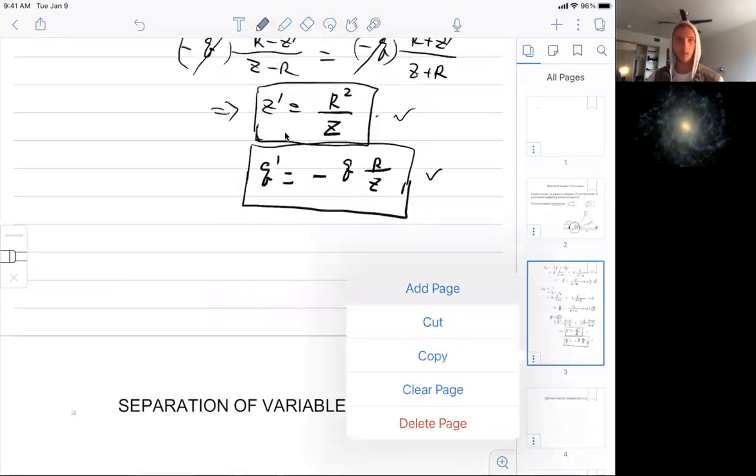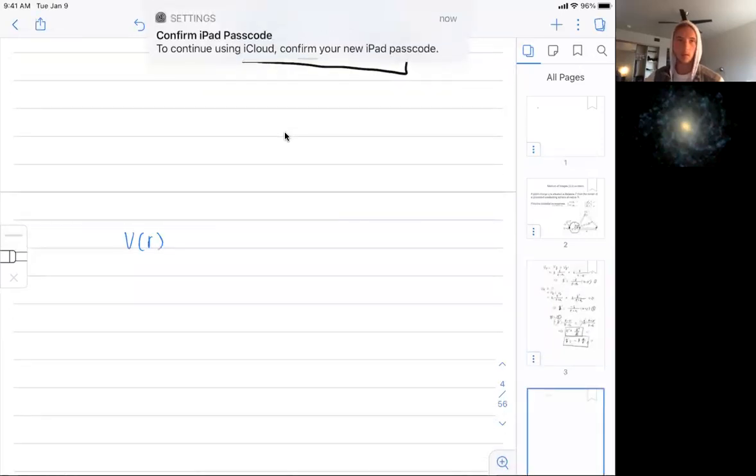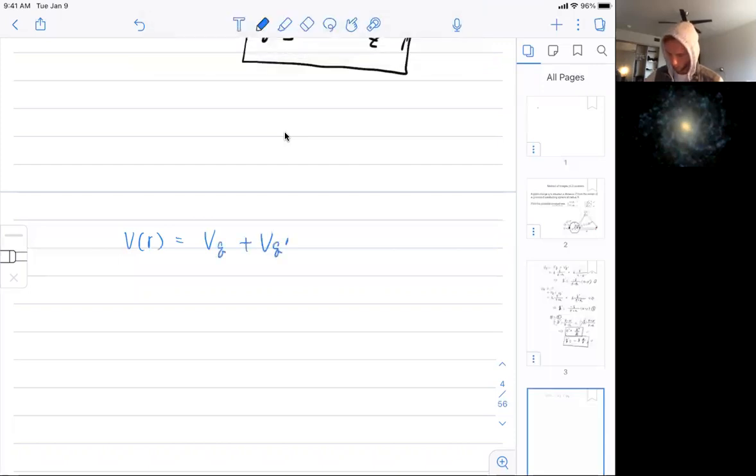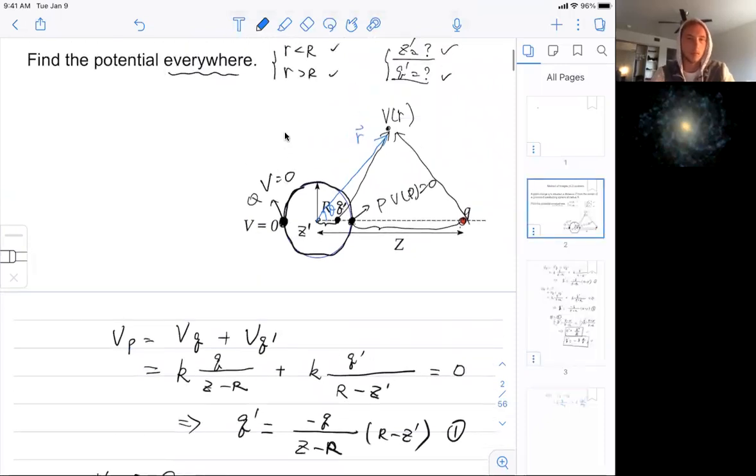V at that location is going to be V due to Q plus V due to Q prime. And this is kQ over script R_Q plus kQ prime over script R_Q prime. Now Q prime you already know, we can plug that in later. And script R_Q is this distance, right?